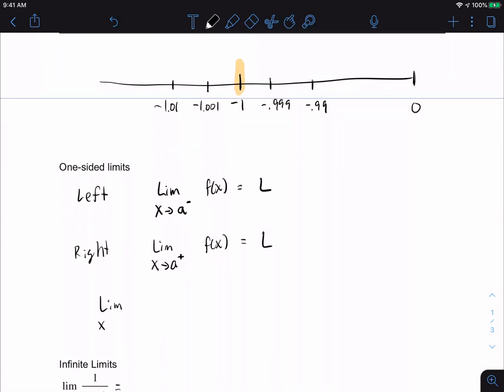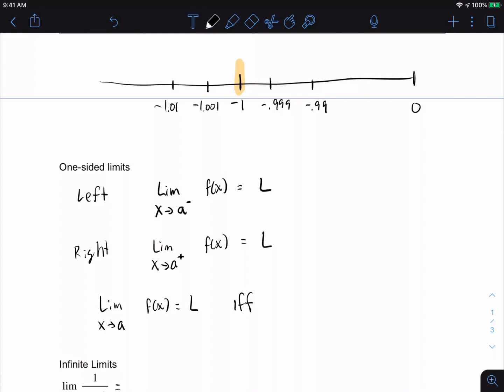The limit as x approaches a of some function f of x is equal to L. The only way it's equal to L is this. Have you guys ever seen this before? Has the teacher shown you that before? So IFF means if and only if.